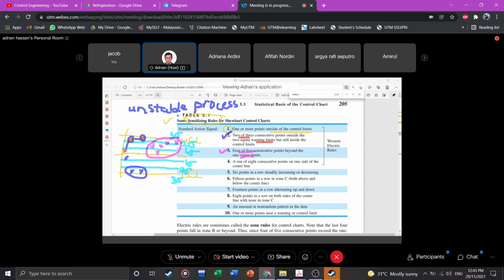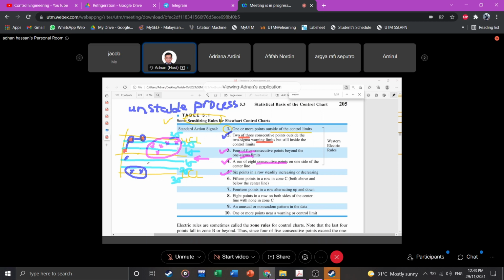This is what we call the runs rule or synthesizing rule. Rule number 4, a run of 8 consecutive points on one side of the center. This is the center. If 8 points are one-sided, either the upper side or lower side, it is also considered unstable. Then 6 points in a row steadily increasing or decreasing.